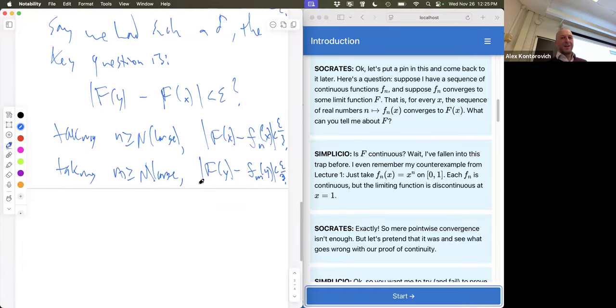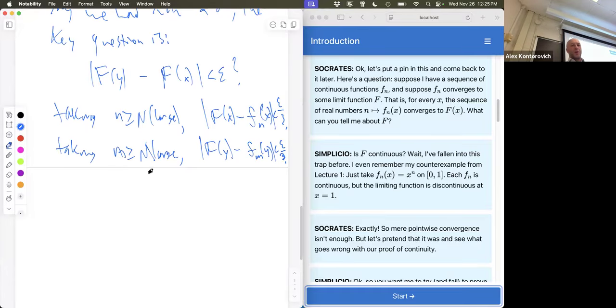Okay? And then maybe we can make it so large that this is the same n. Oops. So this is the same m. We have some lower bound, right? The fn's are converging pointwise to capital F at y, and the fn's are also converging pointwise to capital F at x. We can make each of these less than epsilon over 3.